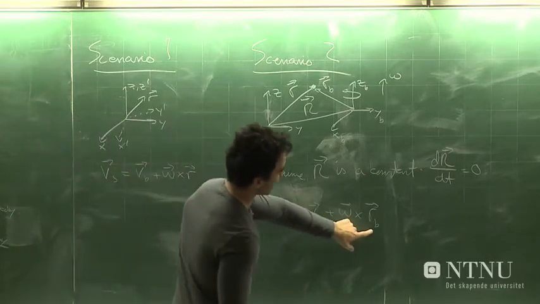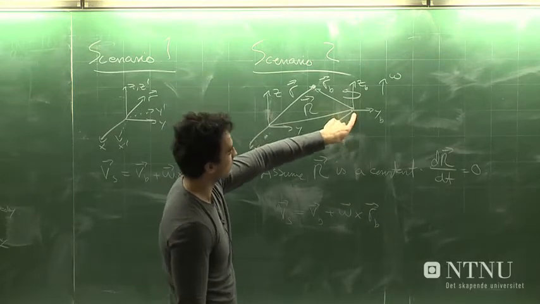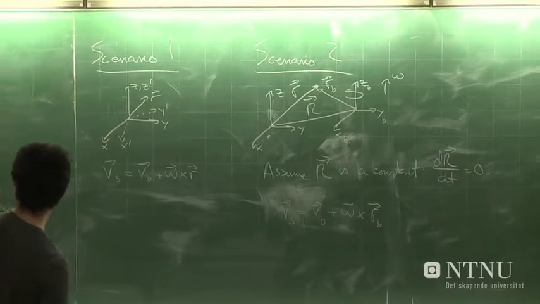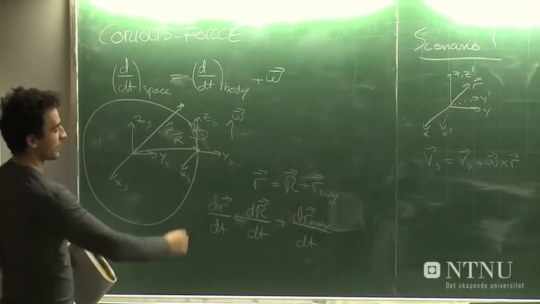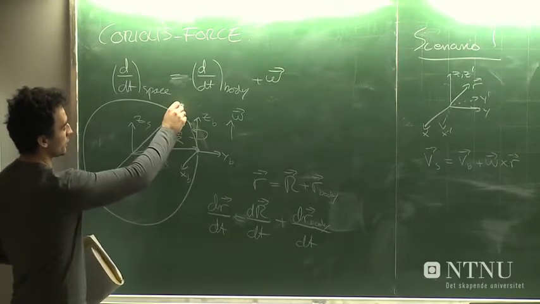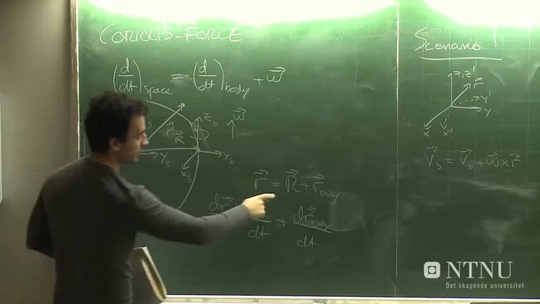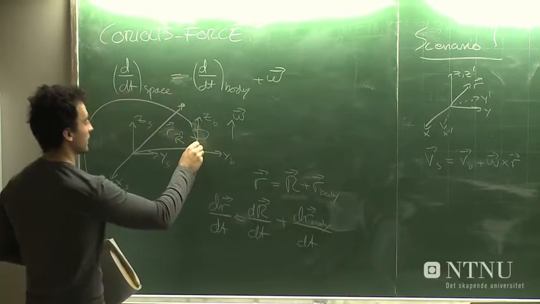The answer is that it's the position vector as seen from the body system. And this becomes clear from this picture here, that the r, small r, as seen from the fixed system, is equal to the vector connecting the origos plus r body here.